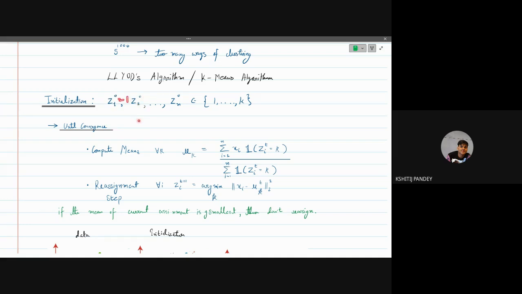For point x2, we give assignment z2 equal to 2, and so on. So initially we assign a random cluster to each data point. After that, until convergence, we'll perform these two steps. The first step is to compute the means.